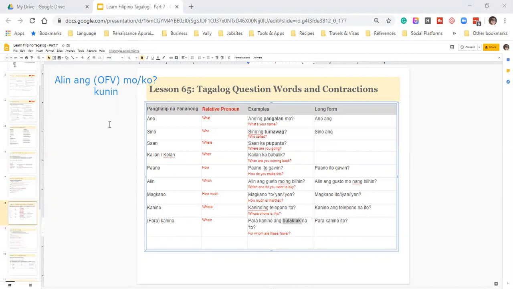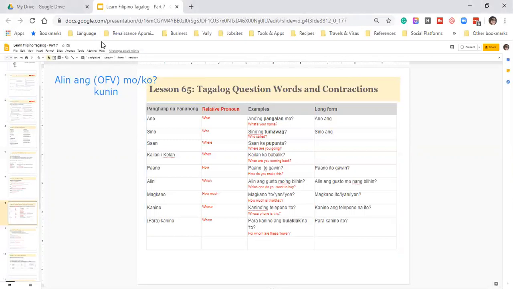Okay. So what else? Another example. Alin ang, you can also use, let me give you another verb. Alin ang dalhin, dala or dalhin. This is infinitive. Future. Alin ang dadalhin mo? All right, this is the meaning of this verb, dalhin.